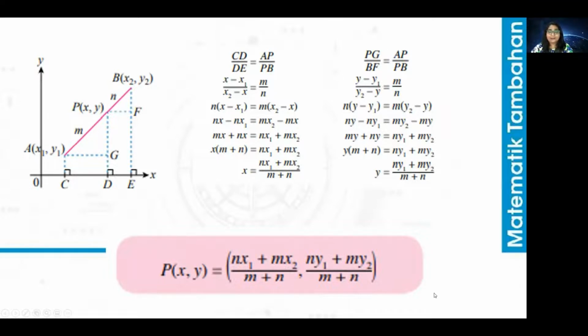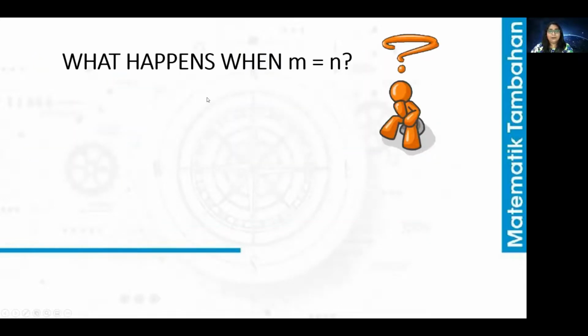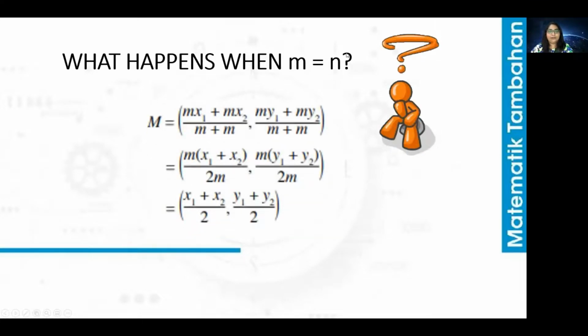Now, let's use this piece of information to see what happens when m equals n. Substituting into the equation, since m equals n, we change all n values to m, giving us ((mx1 plus mx2) over (m plus m), (my1 plus my2) over (m plus m)).